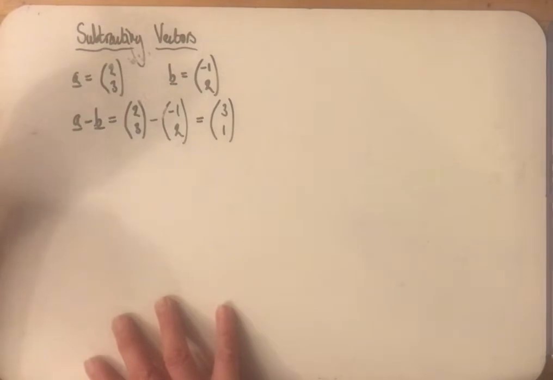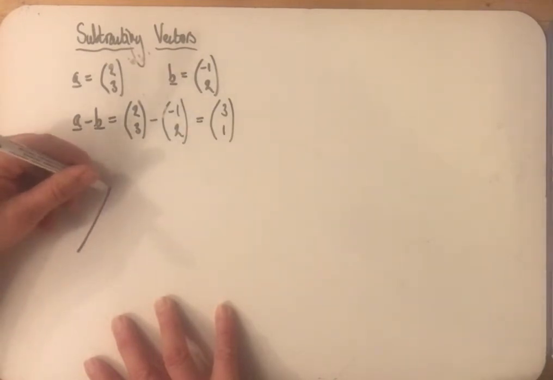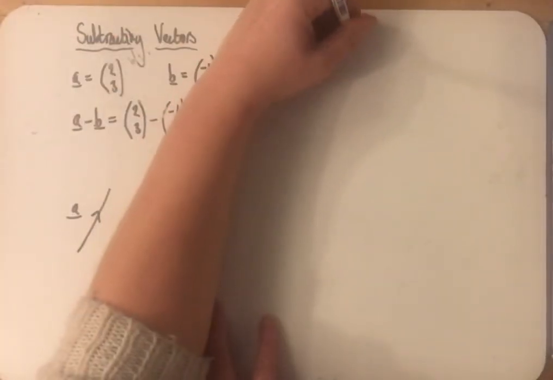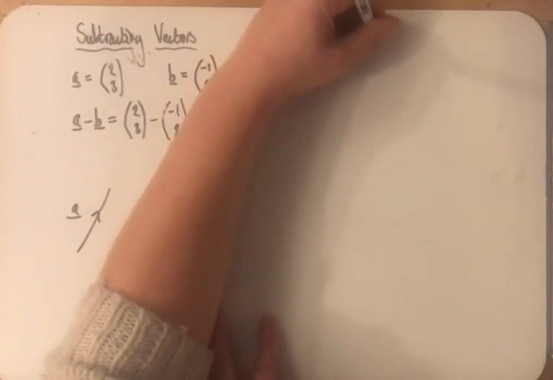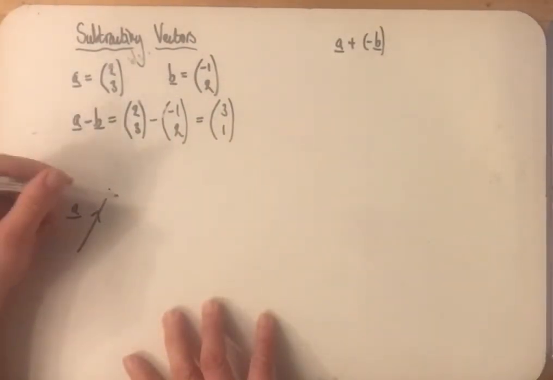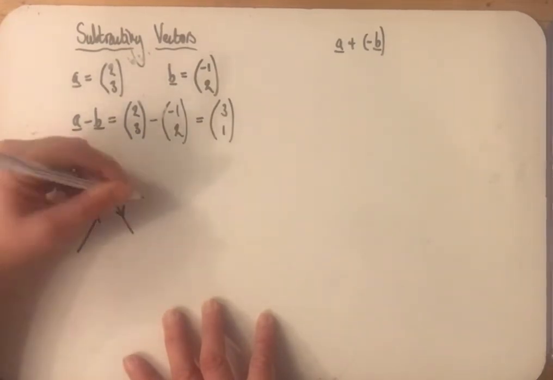What's happening graphically, just so you've seen it, so A is 2, 3, so we're going across 2 and up 3, something like that. And then if we're subtracting B, A minus B is the same as doing A plus minus B. So we're going to be doing 1, minus 2. So across 1, down minus 2. Trying to make it reasonable, but I'm not sure my scaling's very good.